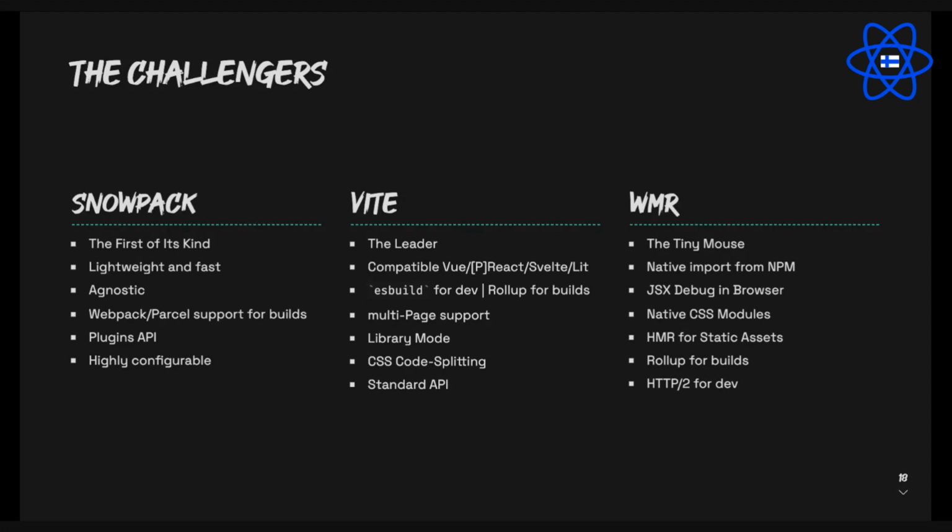It's feasible with the two others, but it's built in to WMR. There is a CSS debug in the browser with native CSS modules, which is pretty fun. And HTML for static assets too. There is still Rollup used in the build, and it's HTTP2 for the development process directly. So those three ones are really, really nice.